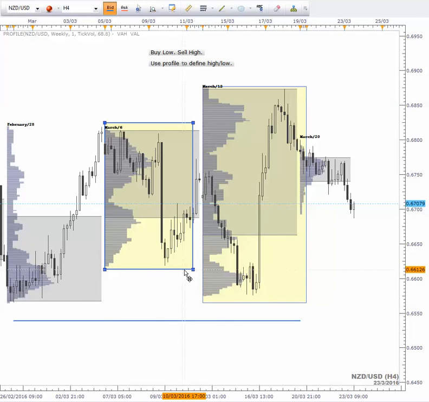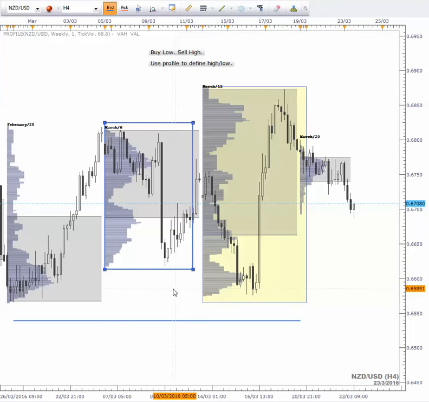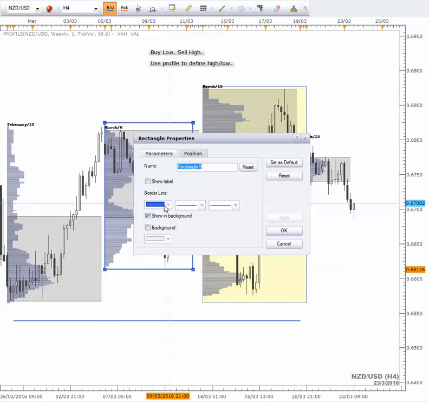I'm going to be using the previous week's profile, which is inside of the rectangular box. Inside of this rectangle, this blue rectangle.